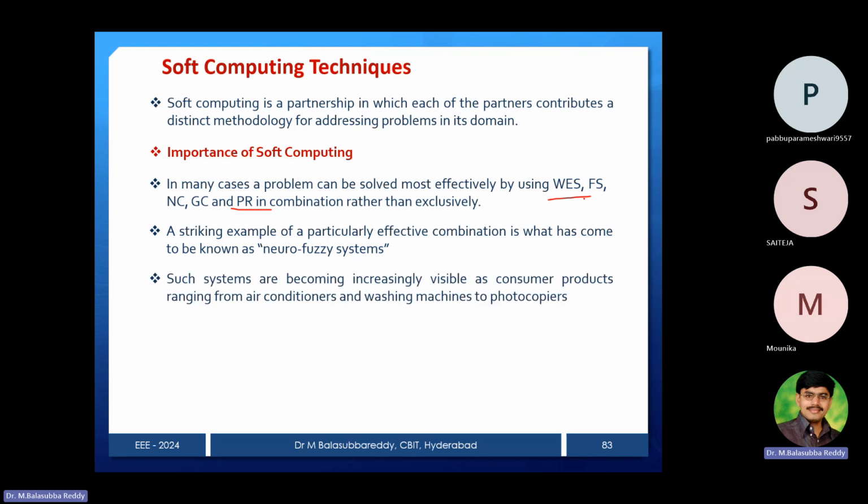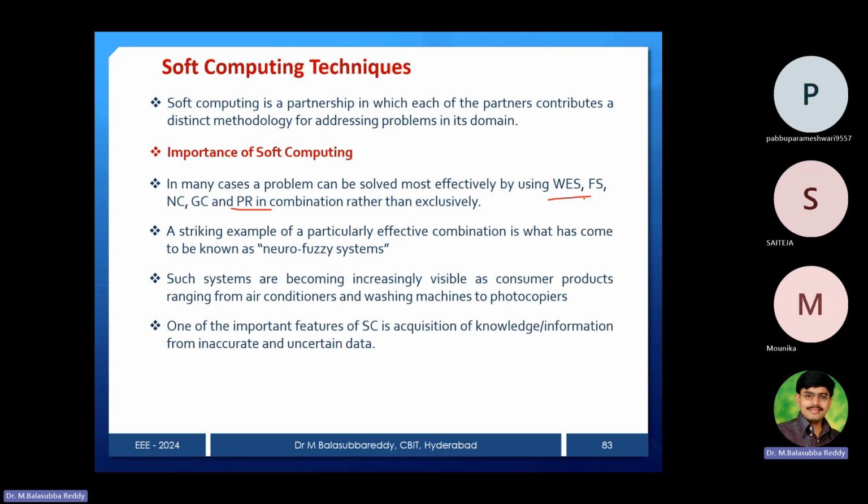That is what neuro-fuzzy systems are. Such systems are becoming increasingly visible in consumer products, ranging from air conditioners and washing machines to photocopiers. All these kinds of applications can use hybrid algorithms.